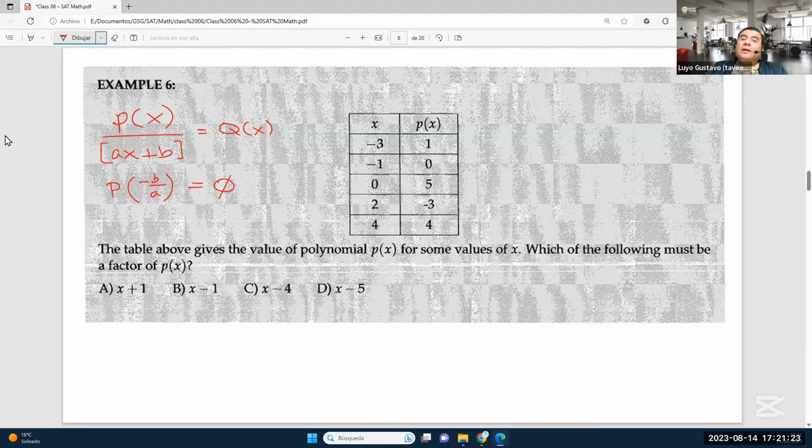So what do we need to look for in the table given? Look for the value of p and the corresponding value of x that satisfies this condition. What is the entry where the value of p is 0? Here.